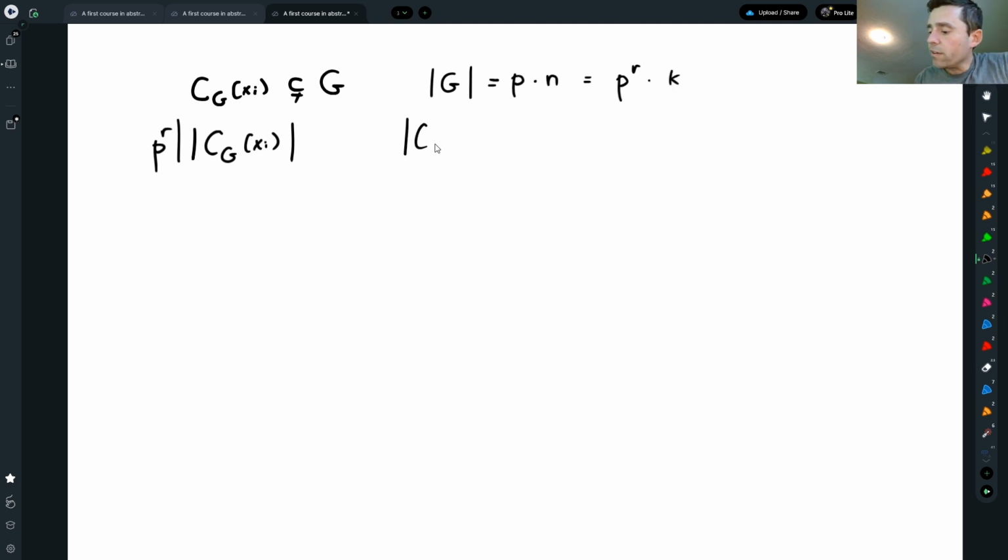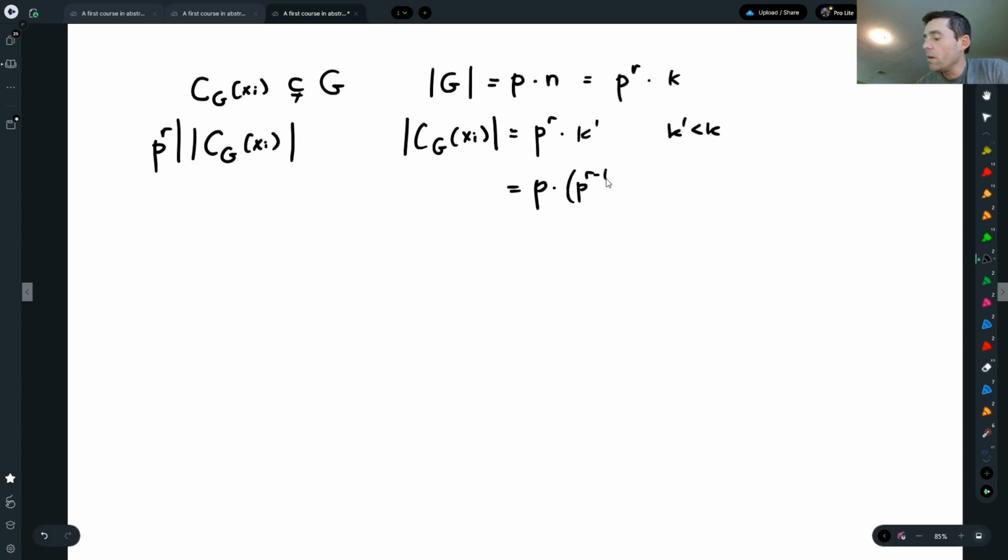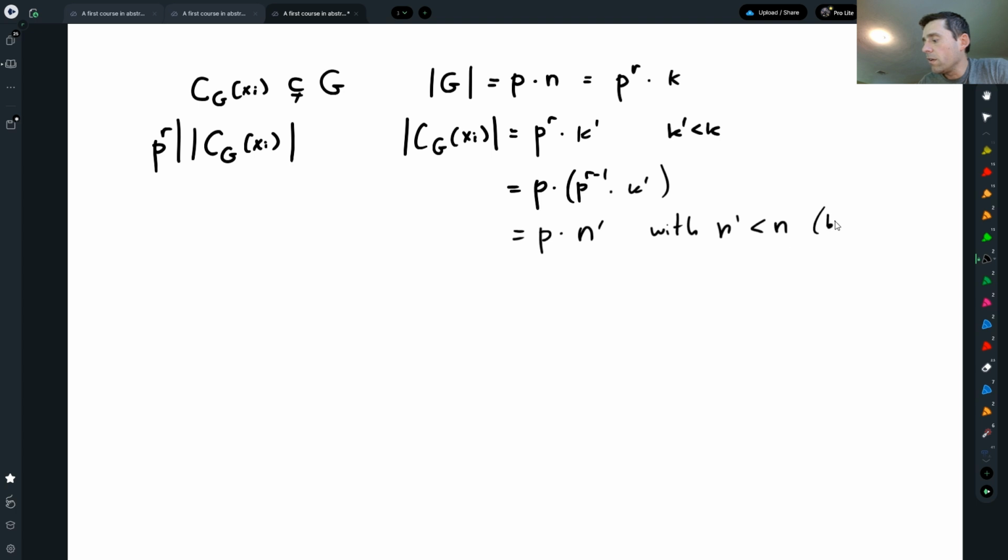And the order of the centralizer has to be also p to the r times something, and this k' is actually smaller than k, and therefore I can write it as p times p to the r minus 1 times k', and this will be p times n' with n' less than n, because that inclusion is strict, right?